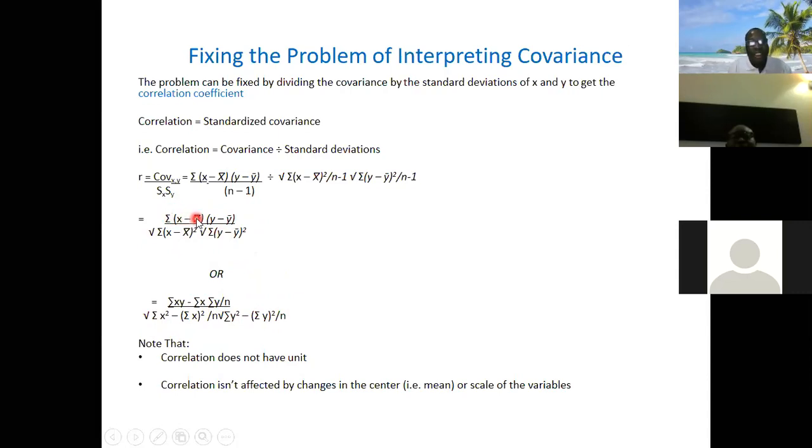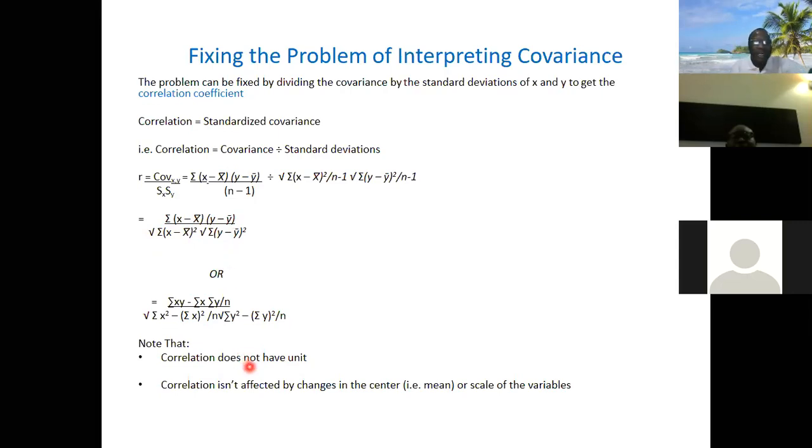The numerator of covariance is still the numerator here. What is here is the numerator of the standard deviation of each of them, the sum of X minus X bar squared, with no square root, and likewise for Y. So you divide covariance by the standard deviations of X and Y to give you correlation.